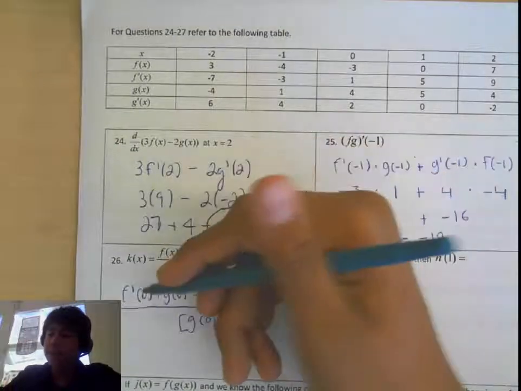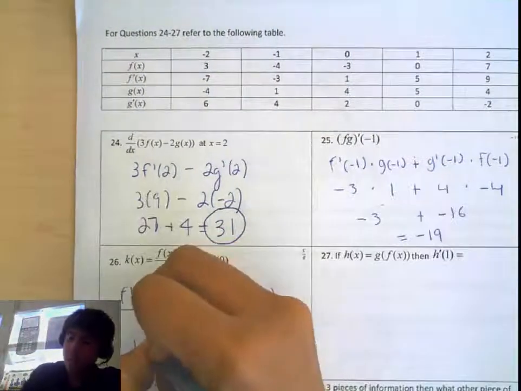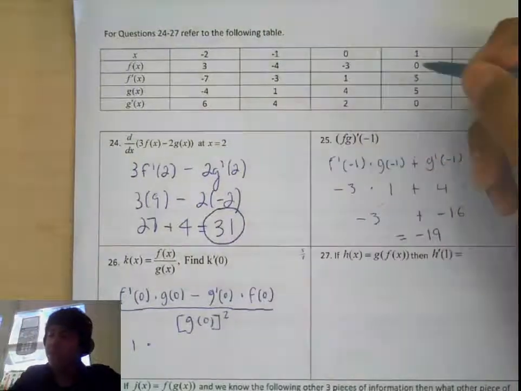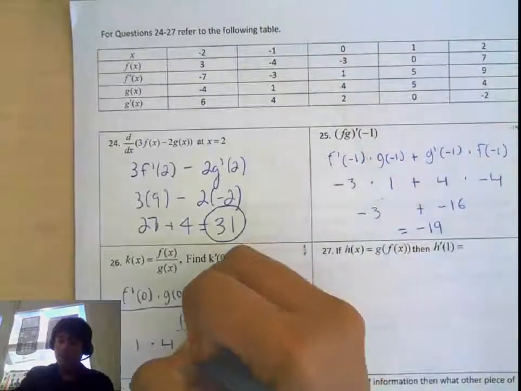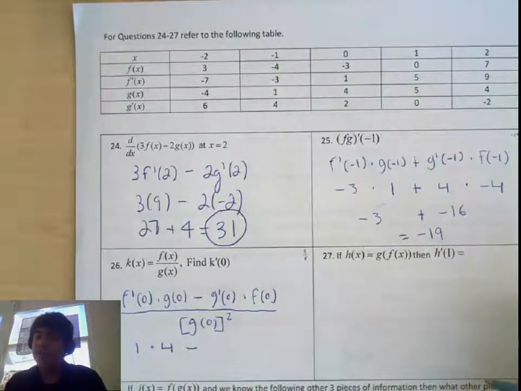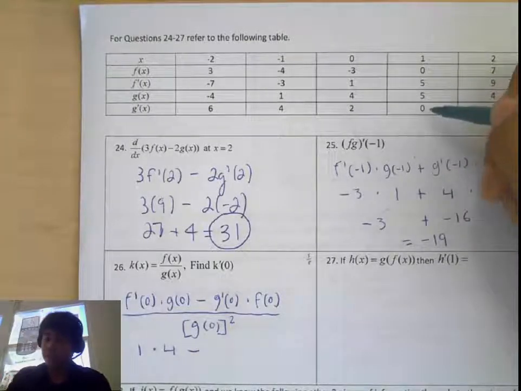So f prime of 0 is 1 times g of 0, which is 4, subtracted by g prime of 0, which gives you 0.